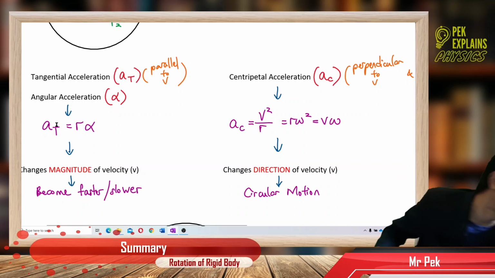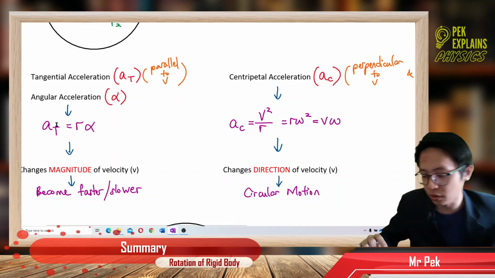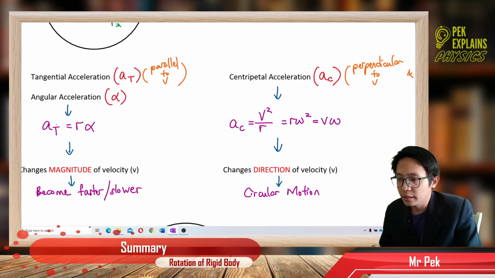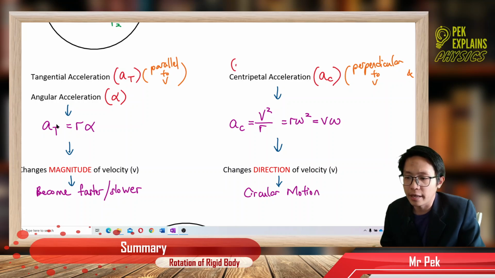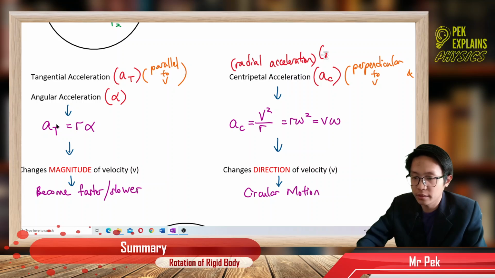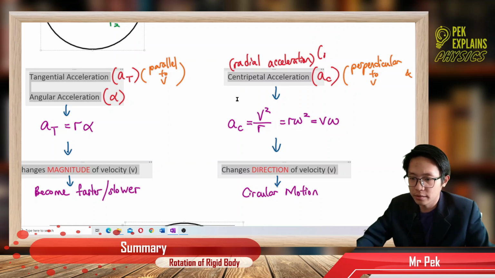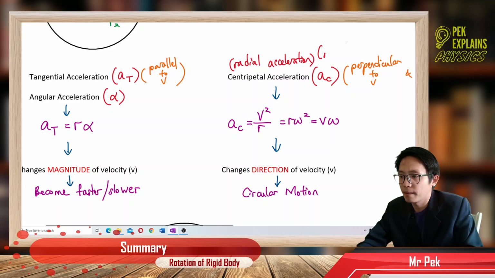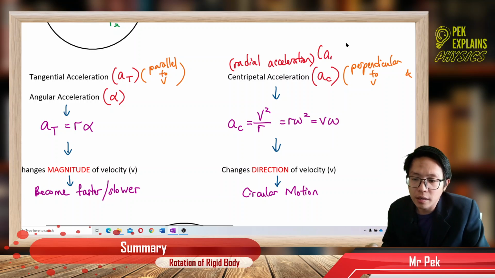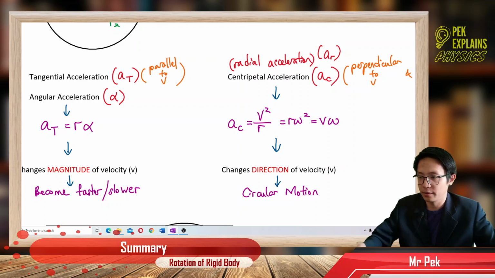Sometimes we also call this centripetal acceleration radial acceleration. The symbol is AR, radial acceleration.